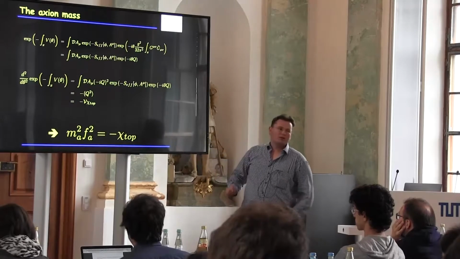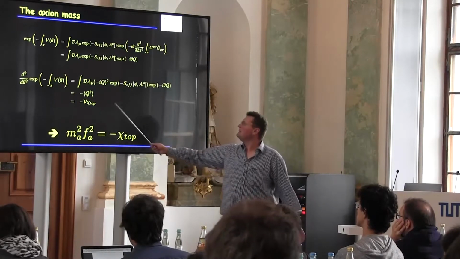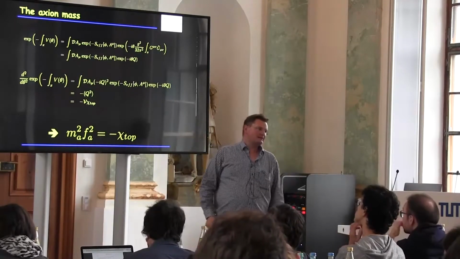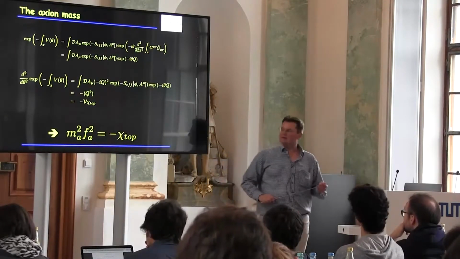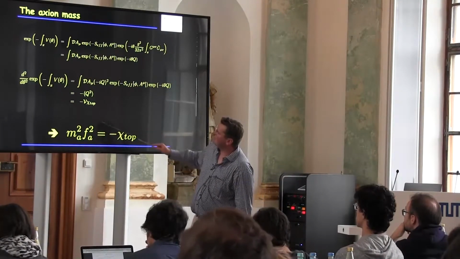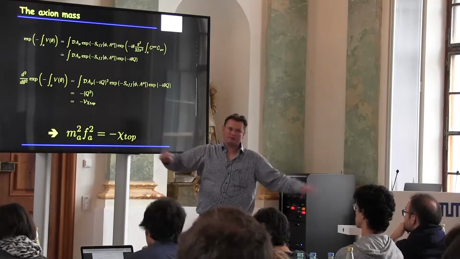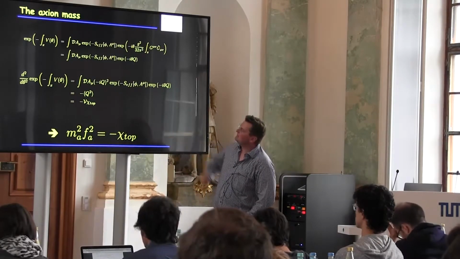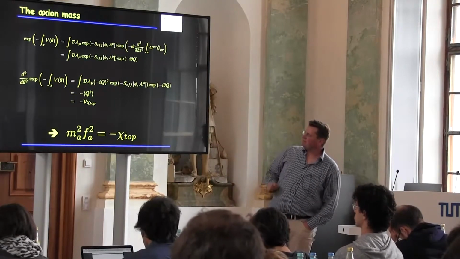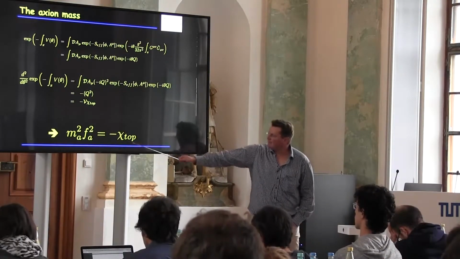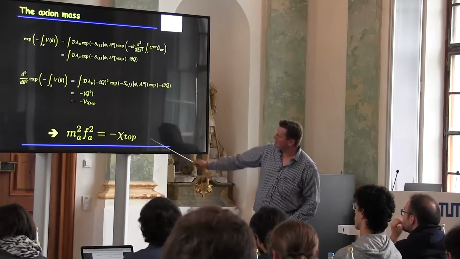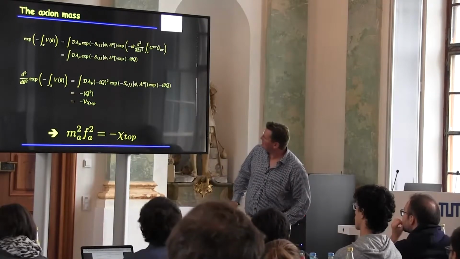And then you ask yourself, what could that be? Well, the expectation value of the charge squared is essentially what you would call the topological susceptibility times the volume, because everything, of course, grows with the volume. So this thing over here is really minus the volume times the topological susceptibility, and that basically means that's an axion mass. Oops, why did I have this? This minus sign should not be there.